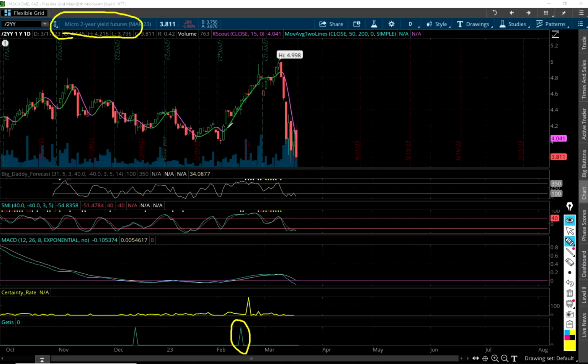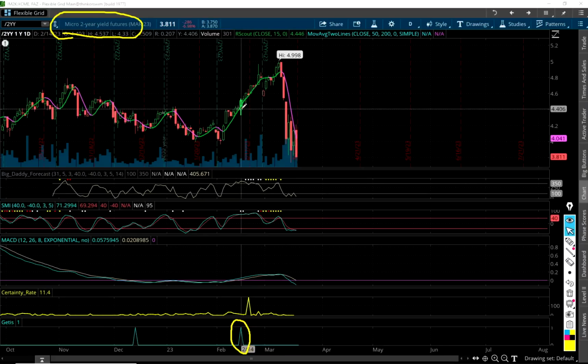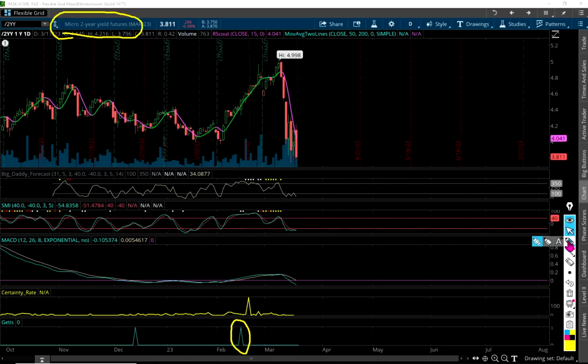It predicted and forecasted here that on February 14th, there was going to be a big move in this futures product. Okay, so we grabbed a pencil. It predicted it right there. Was there a big move? Oh my goodness, you're talking 2 weeks of nothing but huge profitability.